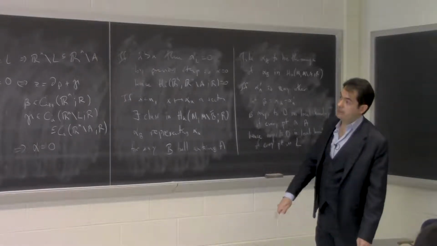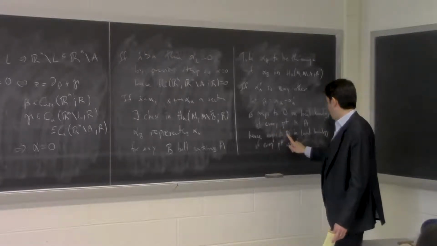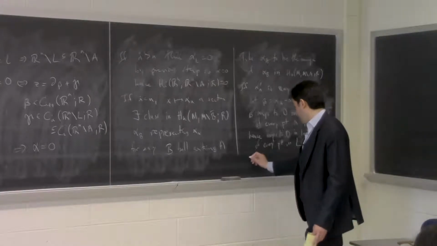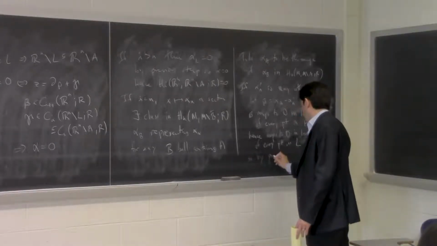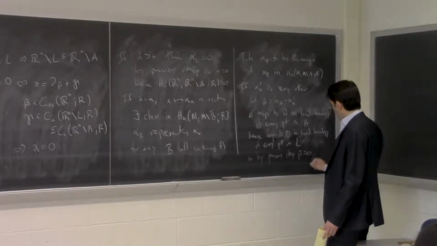So by the previous step, this beta would map to 0 for every x in there. And so by the previous step, beta is equal to 0, which gives us uniqueness.